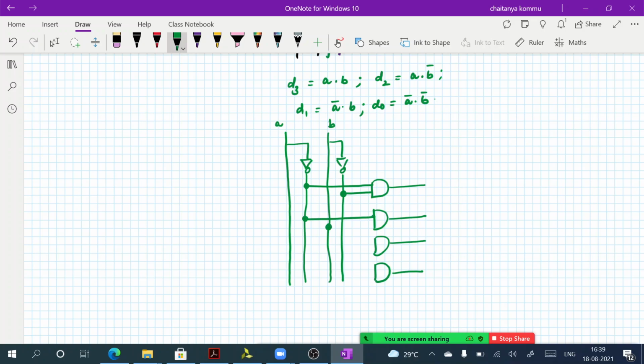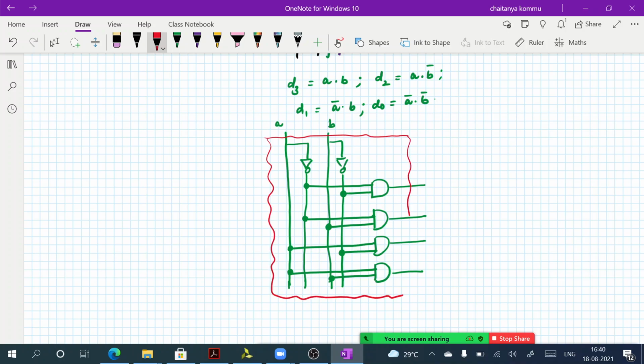This is A bar, B. This is A, B bar. This is A, this is B. So this is what is internal to the circuit. We have written that this is A, this is B, and these are D0, D1, D2, D3.